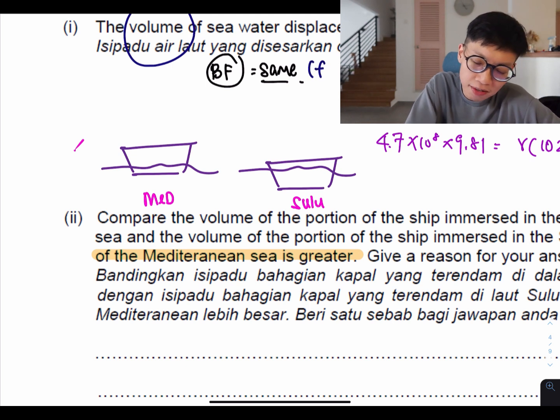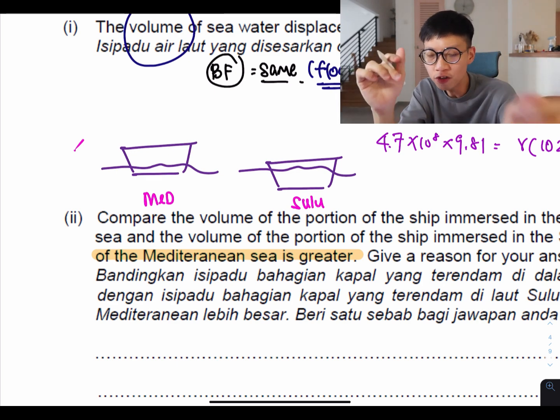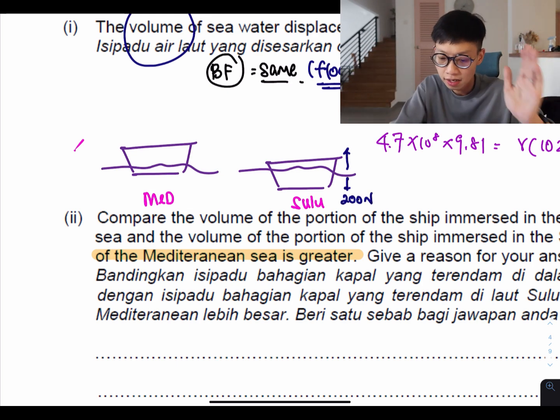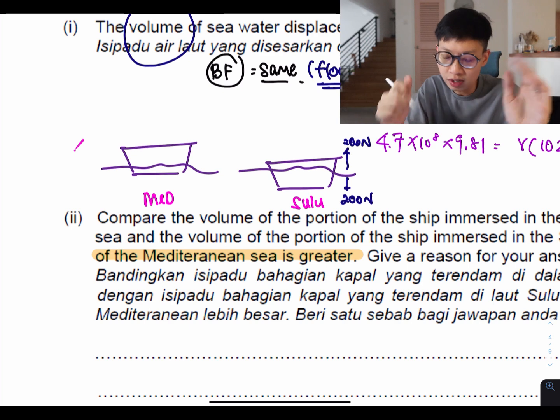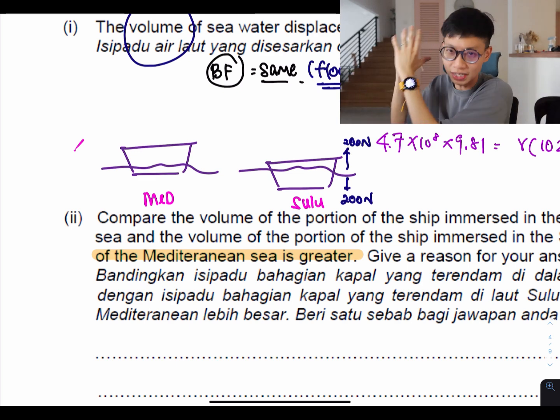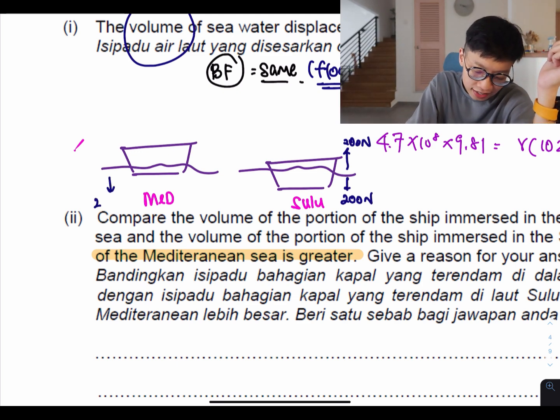Because in both situations, the ship is floating. If it floats, what does it mean? It means that, let's say this boat is 200 Newton in weight, it must have 200 Newton of buoyant force so that it can float. No matter where the object is, as long as it floats, the weight has to be balanced with the buoyant force.